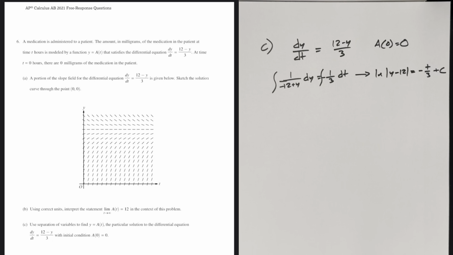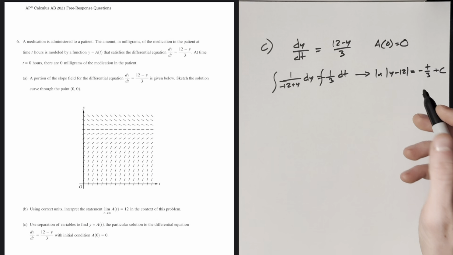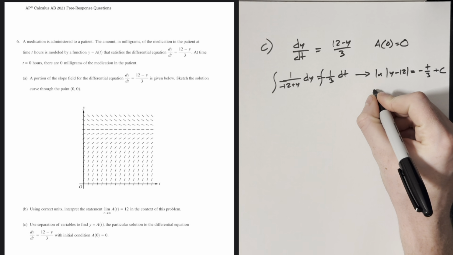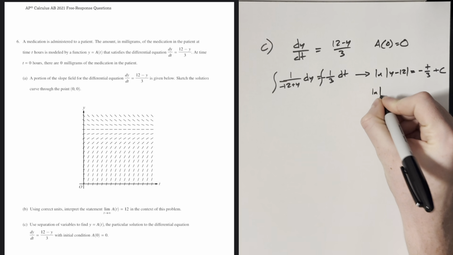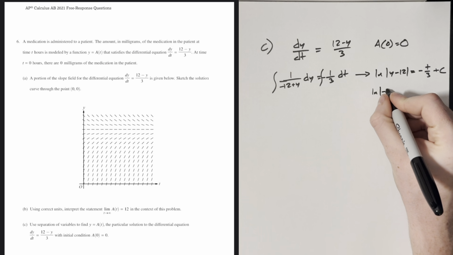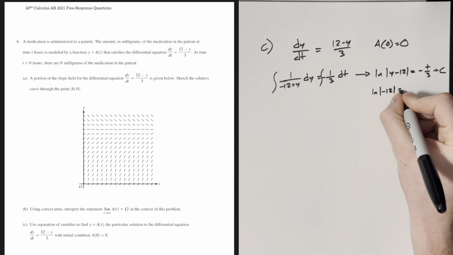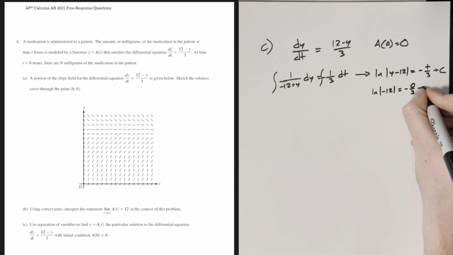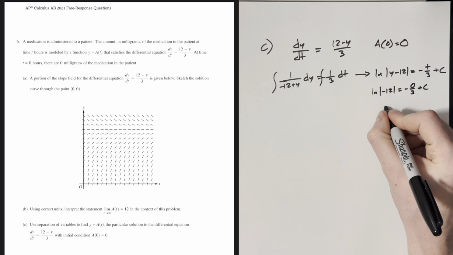So now what I want to do is solve for my plus c, right? So I will plug in my initial conditions. On this left side, I get the ln of 0 minus 12, which is negative 12, equals negative 0 over 3 plus c.